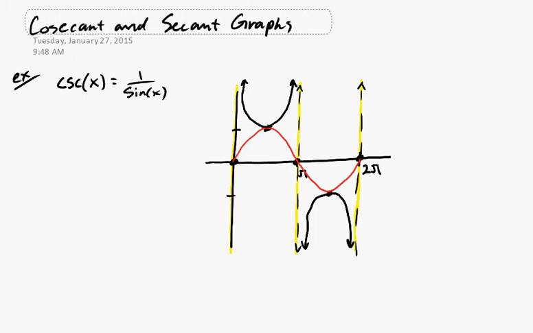When the height of sine is 1 right here, 1 divided by 1 is 1, so they're the same. As sine gets smaller, you're dividing by a smaller and smaller number. And if you remember, dividing by a number that's approaching 0 means the division is going to get larger and larger. Okay, so the key here is that you graph the sine or the cosine to find your key points and your asymptotes, and then you draw the up and down arcs like this.